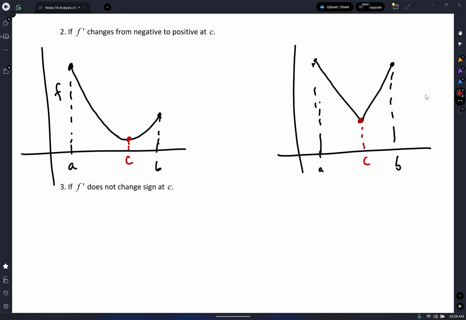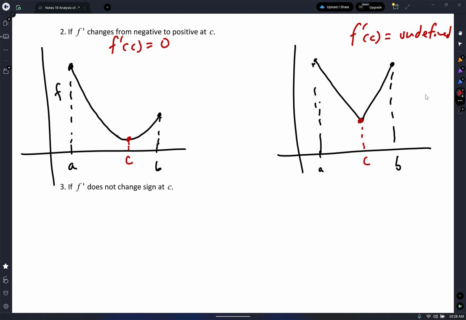The one on the left here, F prime of C equals 0. That's a critical point. The one on the right here, F prime of C is undefined, or you can say does not exist. Does that make sense? Nothing crazy, right?